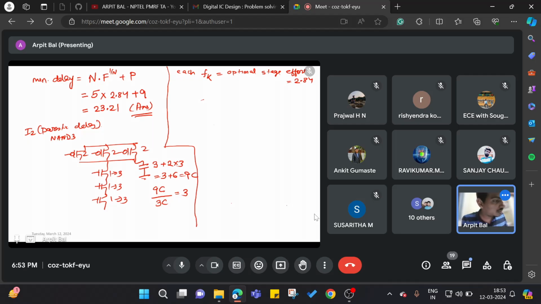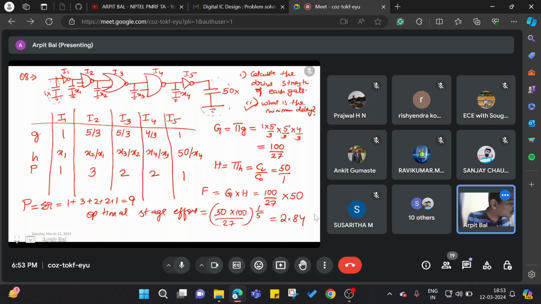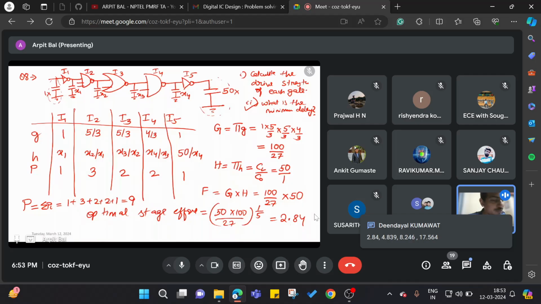Is this the drive strength of each gate? Okay, someone has already calculated it. Great.